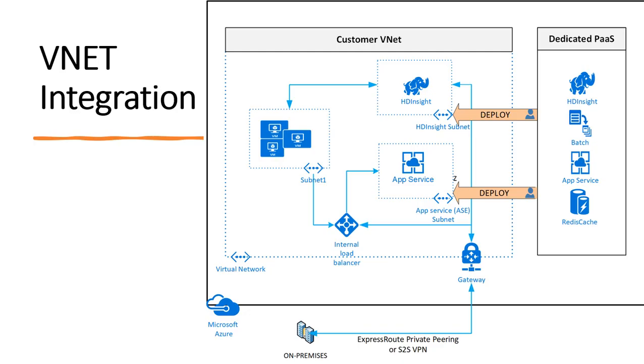When you talk about VNet integration, it eliminates public exposure. Once integrated, your resource can be configured to accept traffic only from the VNet or through a private endpoint. It removes it from the public internet.